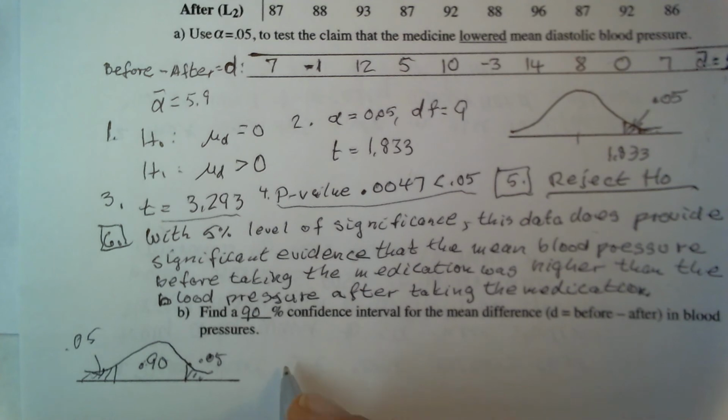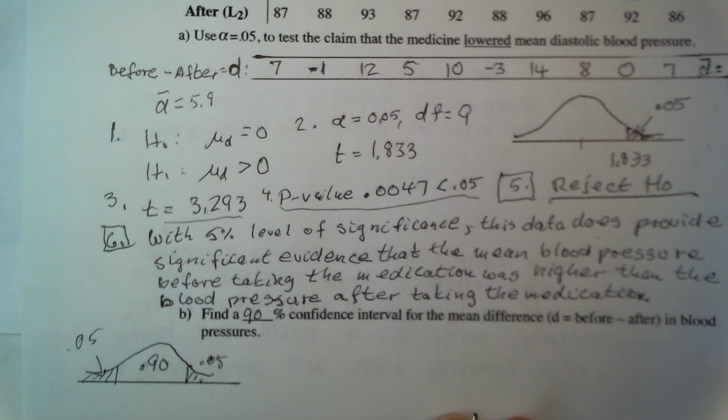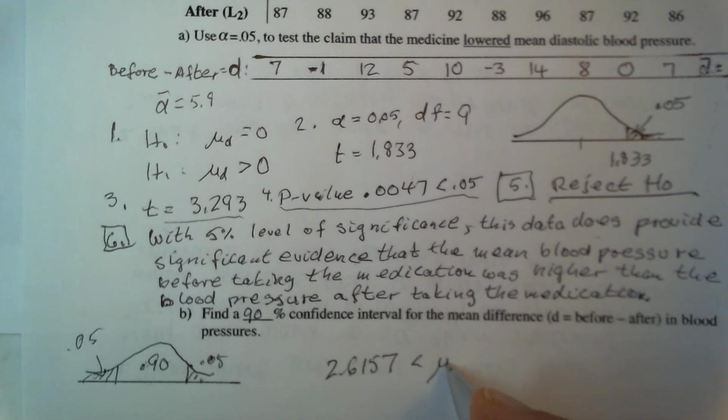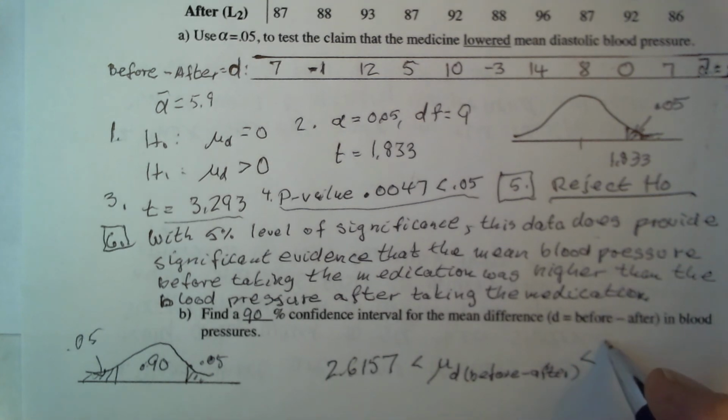So when we compute the confidence interval, and I chose to use technology for this one because it's a lot more convenient, a lot faster, we find that the confidence interval for mu sub d goes from 2.6157 less than mu sub d, before minus after, less than 9.1843.